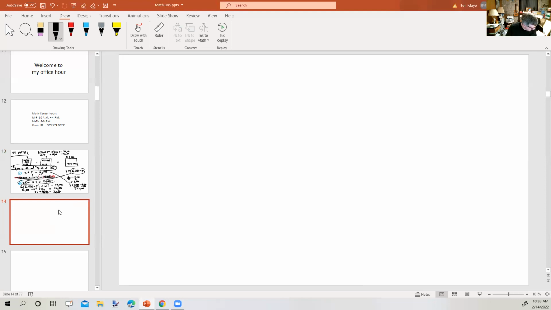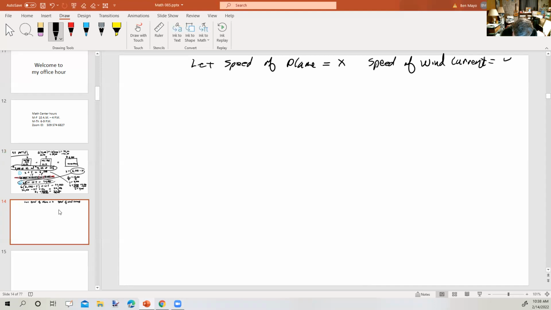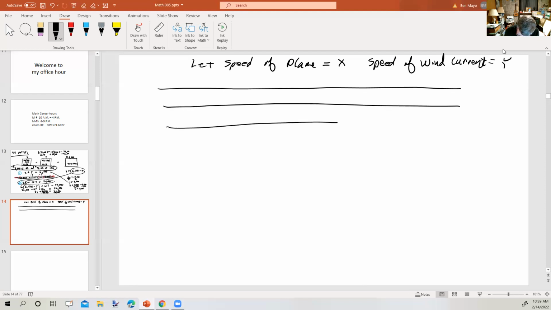Find the speed of the plane in still air and the speed of the wind current. All right. So how about if we let speed of plane equal x and speed of wind current equal y. Okay.